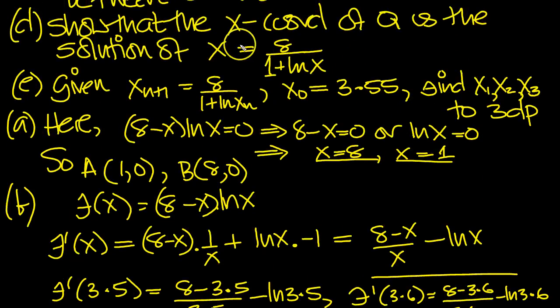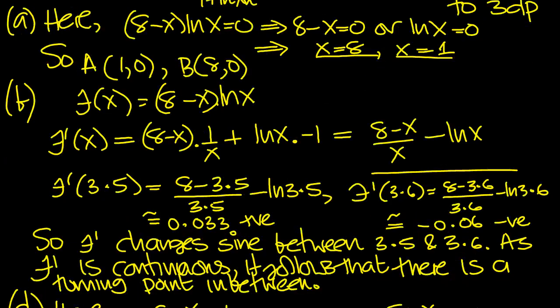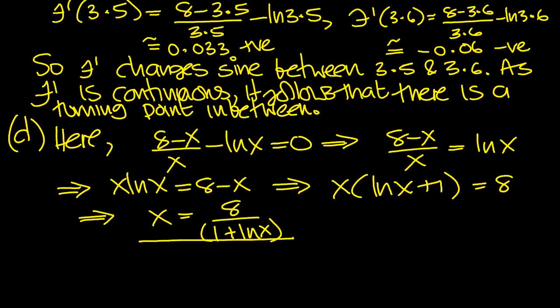Let's just go back and check that. That's fine. Now we've got this recurrence relationship with x naught is 3.55, and we need to find those first three values. So this is part E then, the last part. We know that x naught equals 3.55.